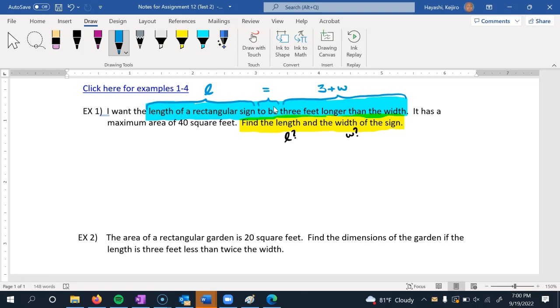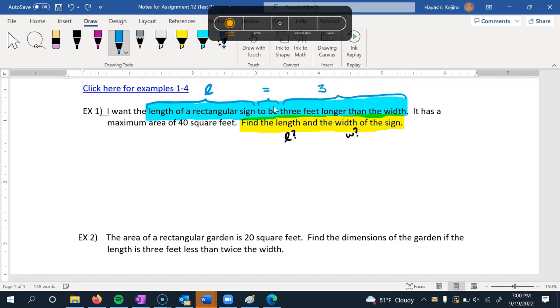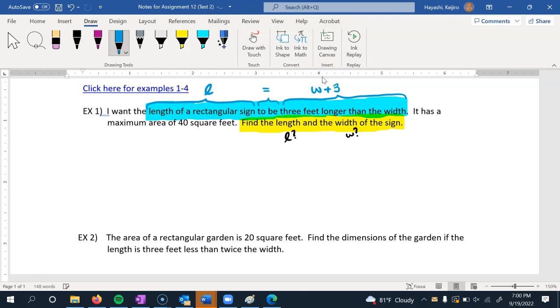But suppose it said 3 feet shorter than the width. You would not want to say 3 minus W. You wouldn't want to say W minus 3. So just for consistency in other situations, specifically where you want to subtract one thing from another, I'm going to write W plus 3. It doesn't matter here, but it would matter if you were subtracting.